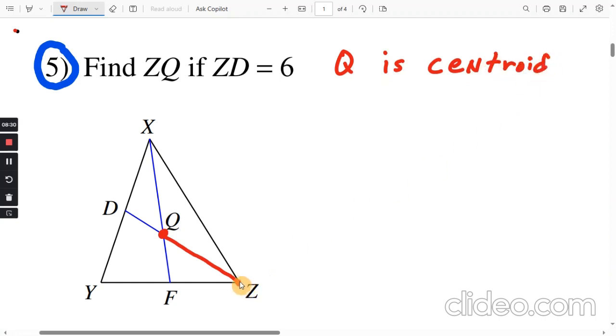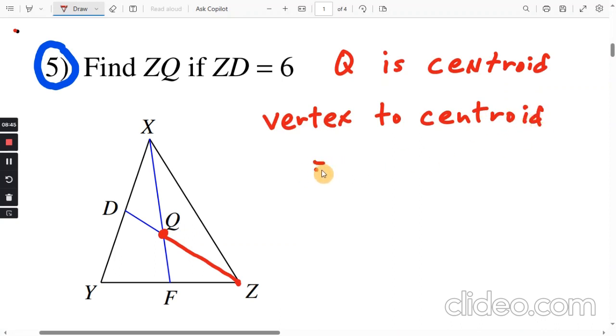And we said if you go from vertex to centroid, that is going to equal 2/3 of the median, or 2/3 times the median.